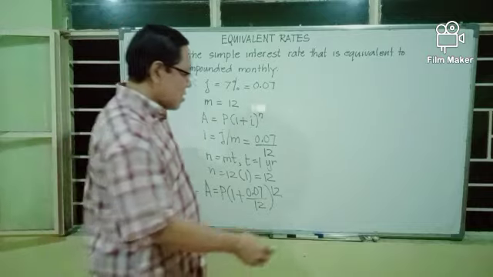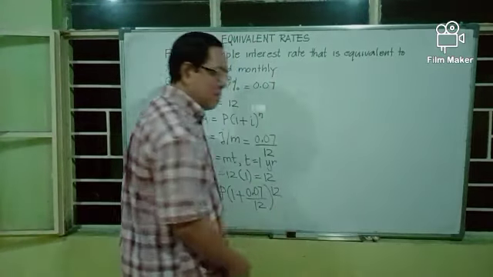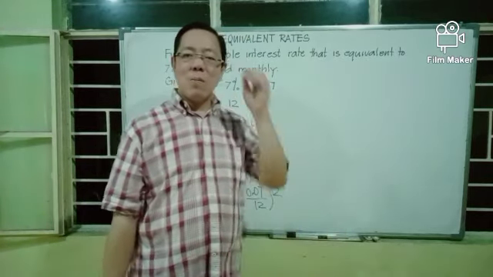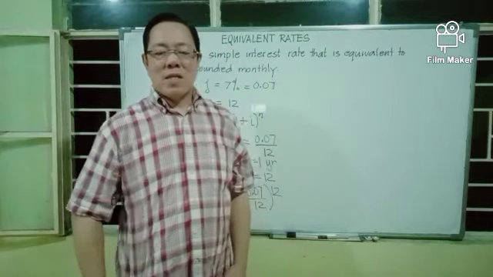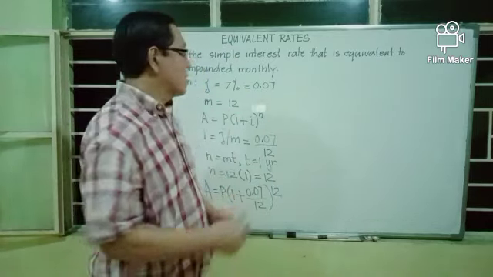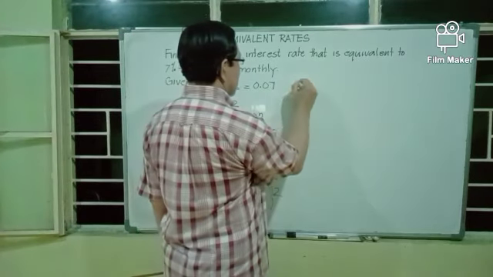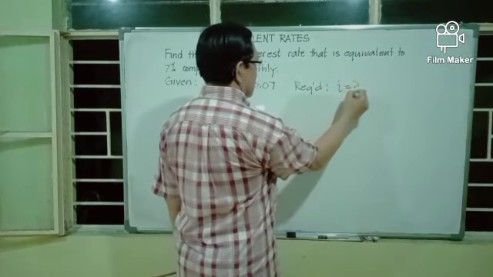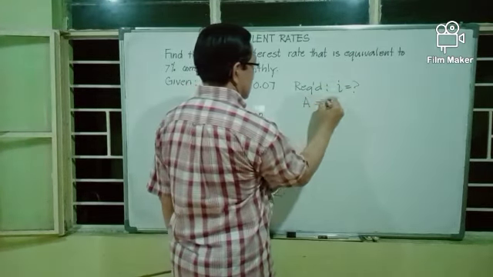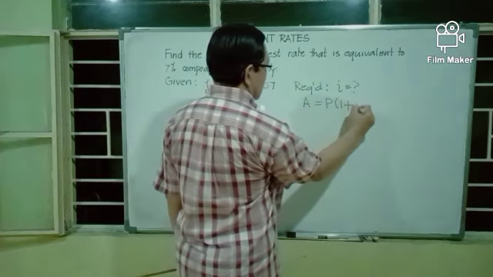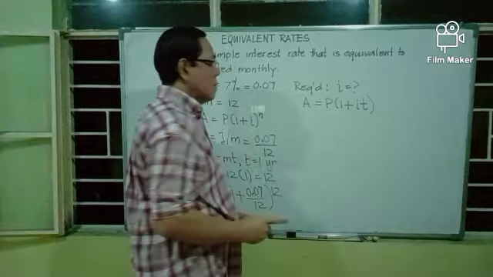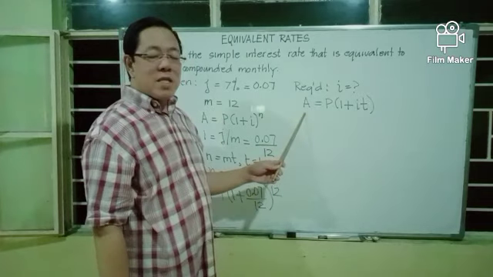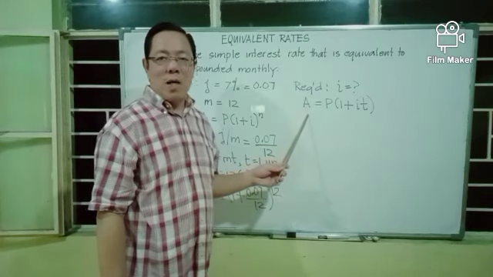Now, what is required is to find the simple interest rate equivalent to 7% compounded monthly, and the simple interest rate is denoted by small i. At simple interest rate, from our previous lesson, the accumulated value is computed by using this formula.